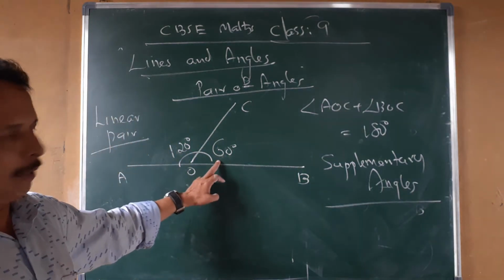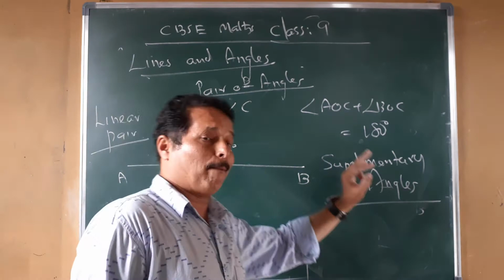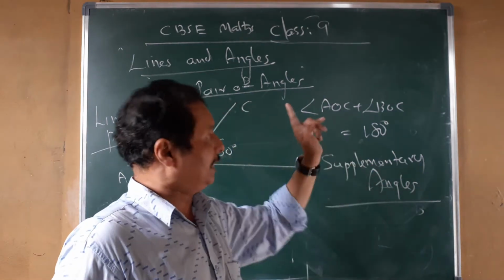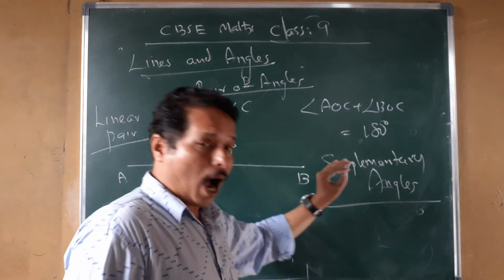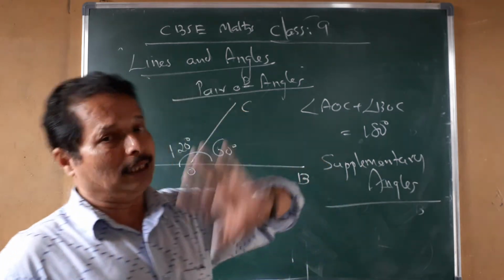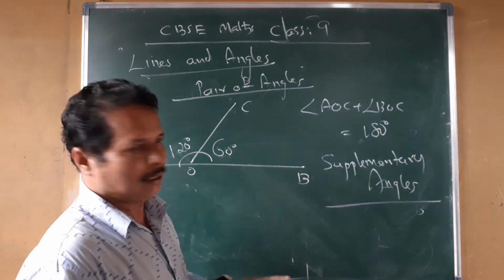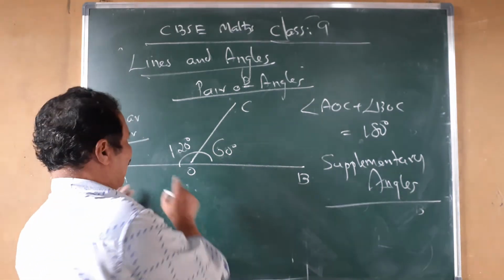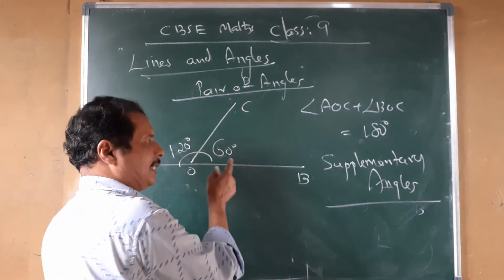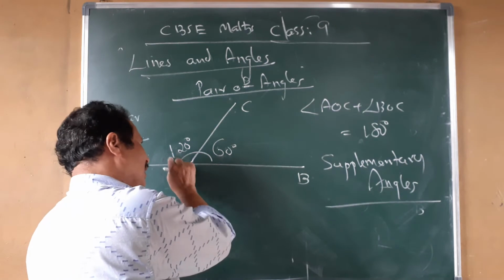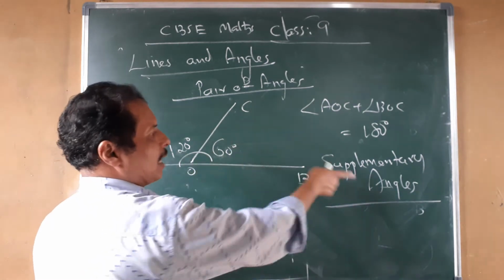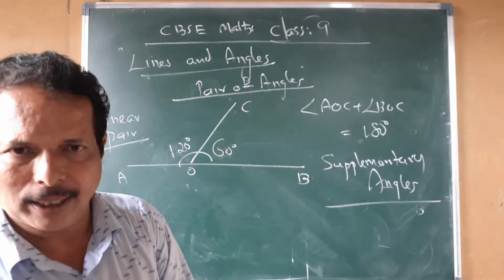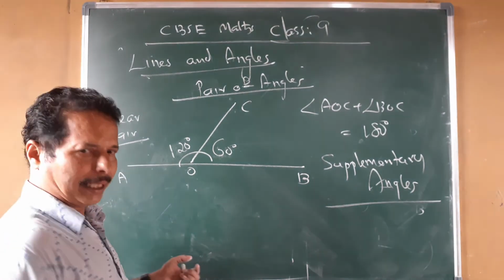They are linear pairs. If the sum of two angles is 180 degrees, then they are supplementary angles. Is it clear? Otherwise, in another way, you say that 120 plus 60 is 180, a straight line. That means linear pairs are supplementary angles.